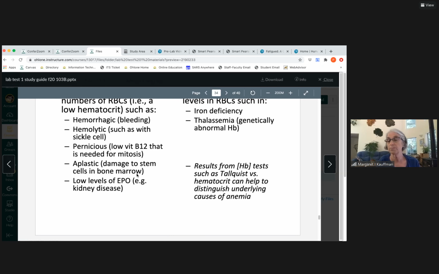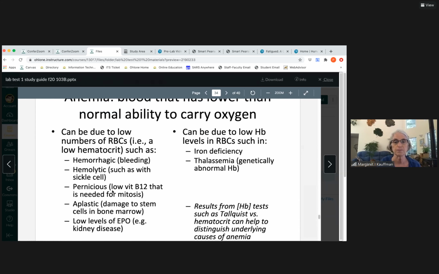Chemotherapy is a common one that would cause aplastic anemia. And low levels of EPO, so kidney disease. If your kidney is not able to produce EPO, you know your liver can, but you may not be producing it at a high enough rate to keep red blood cell production high.